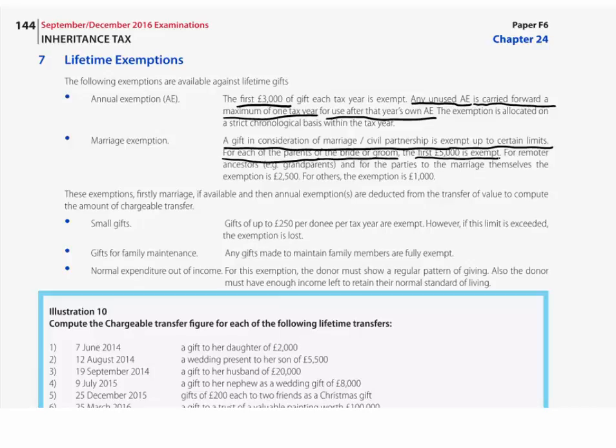For remoter ancestors, for example a grandparent, there's a marriage exemption of £2,500. So if grandfather or grandmother makes a gift to a grandchild on the occasion of their marriage, then up to £2,500 is exempt. Strangely, you might think, and going back to the introduction to this exemption and what I said then, for the parties to the marriage themselves, the exemption is also £2,500.